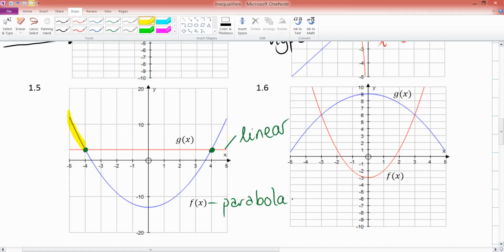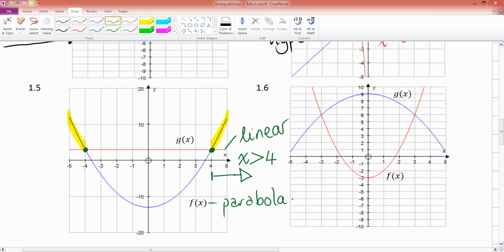The second portion of the parabola that's strictly above is this portion here. So which parts? It's everything on the graph from 4 going which way? That way. So the first answer, x is greater than 4.